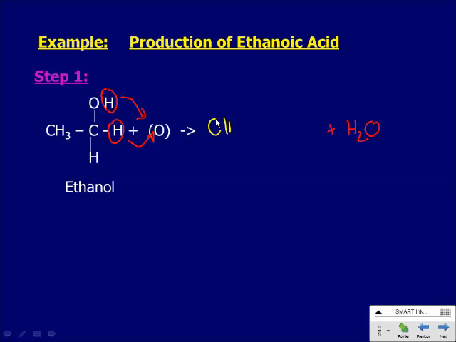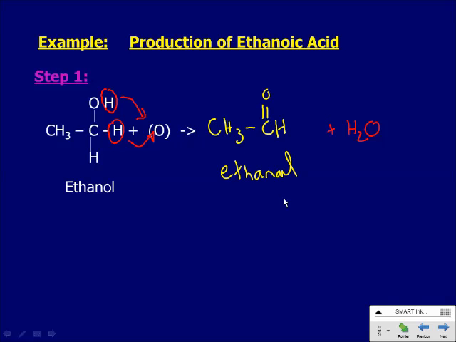And we get CH3, C now turned into a double bond, and then an H. We've turned our ethanol into, and this isn't a carboxylic acid yet because it doesn't have an oxygen in there. What's this called? Ethanal. Yeah, ethanal. We've turned our ethanol into ethanal.